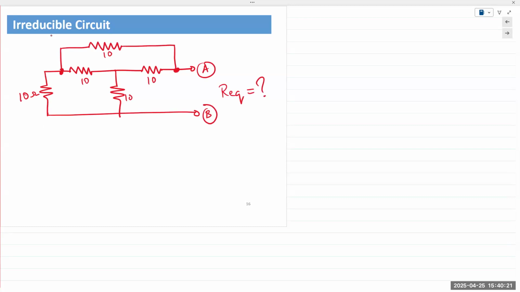So practice this with the same technique that I just showed. This is a far simpler circuit than the previous one, and you should be able to find it, no problem. Okay. So irreducible in the sense we cannot just directly reduce it, right? That's why I just call it irreducible. But if you try the technique shown on the previous page, it should work.